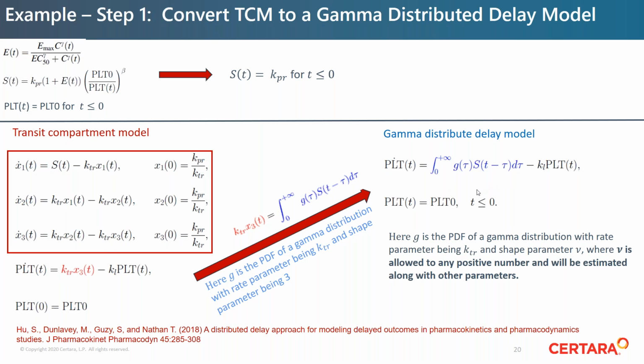Now, for this gamma distributed delay model, the shape parameter for the gamma distribution is allowed to be any positive number and will be estimated along with other parameters. Now, for more information on this extension, again, you can refer to our 2018 paper.